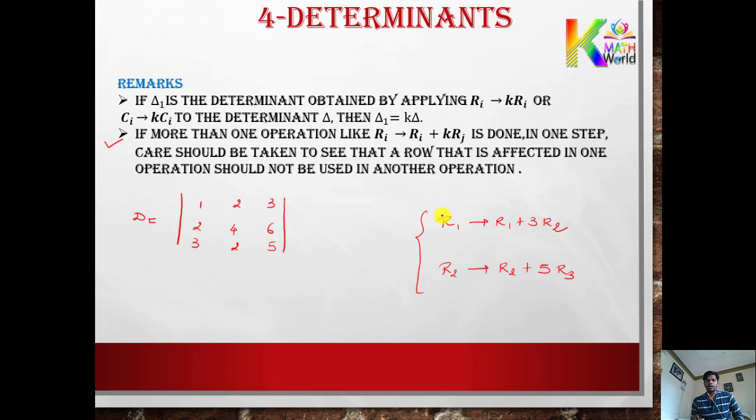When you consider more than one operation at the same time, then care should be taken. Why should care be taken? Care should be taken to see that a row that is affected in one operation should not be used in another operation.